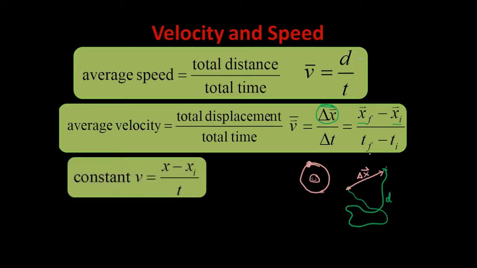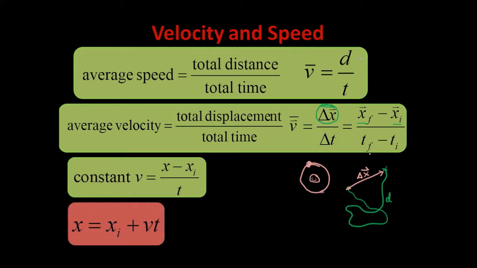If an object's moving at constant velocity, then that constant velocity is just the displacement divided by the time. If we take that equation and solve it for position, we get a formula: x equals initial position plus velocity times time. That is called the equation of motion.